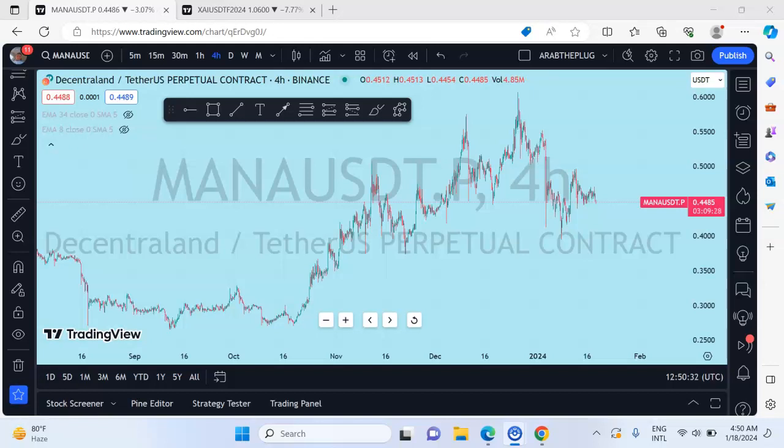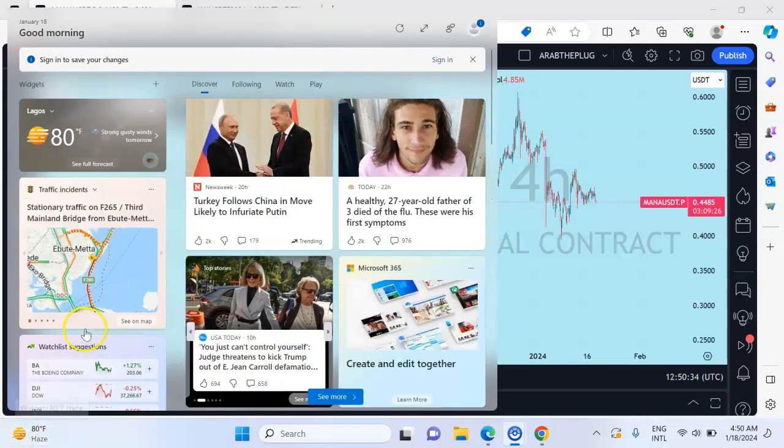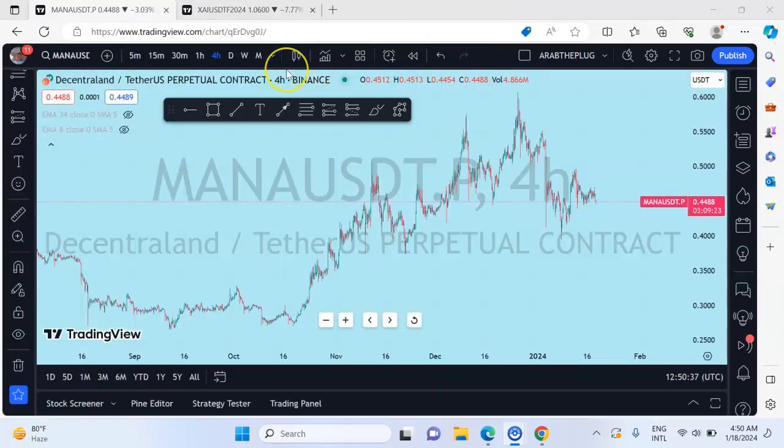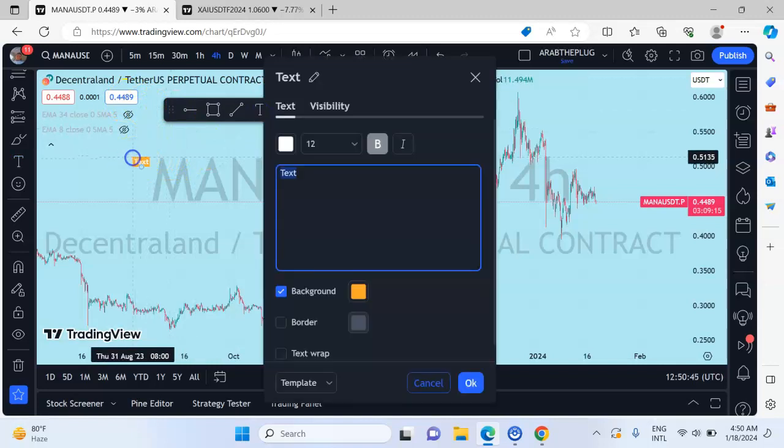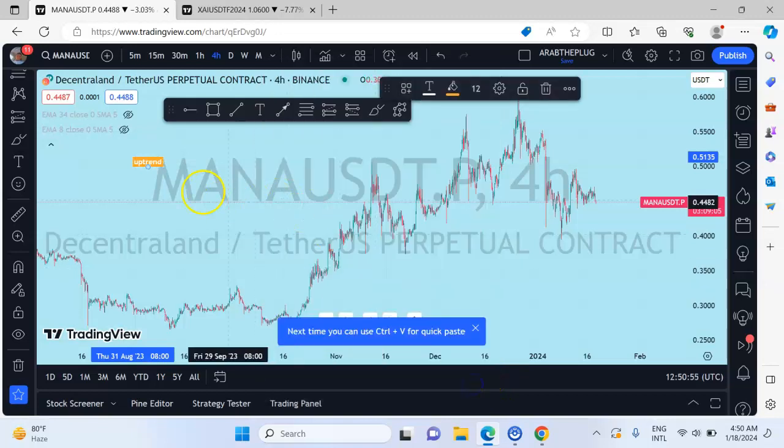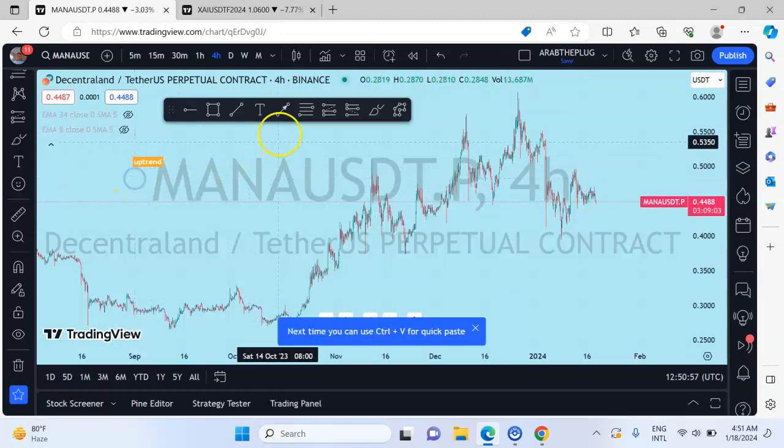So we have different kinds of market structure in the cryptocurrency market or the forex market. The first market structure we have is the uptrend.